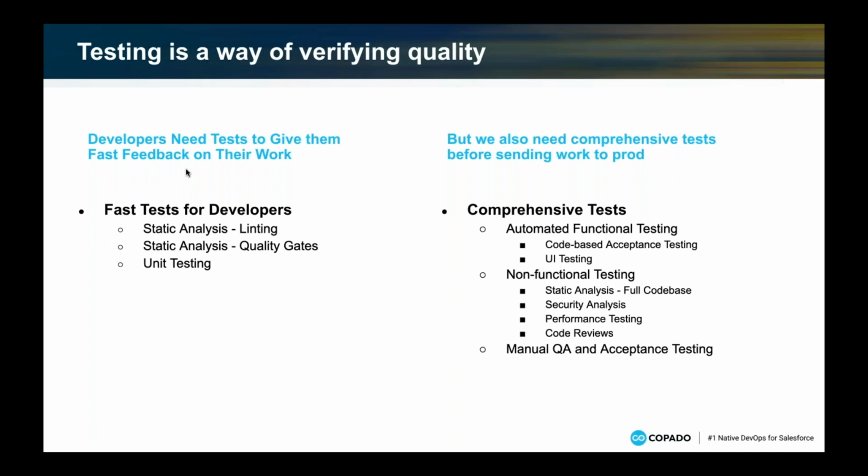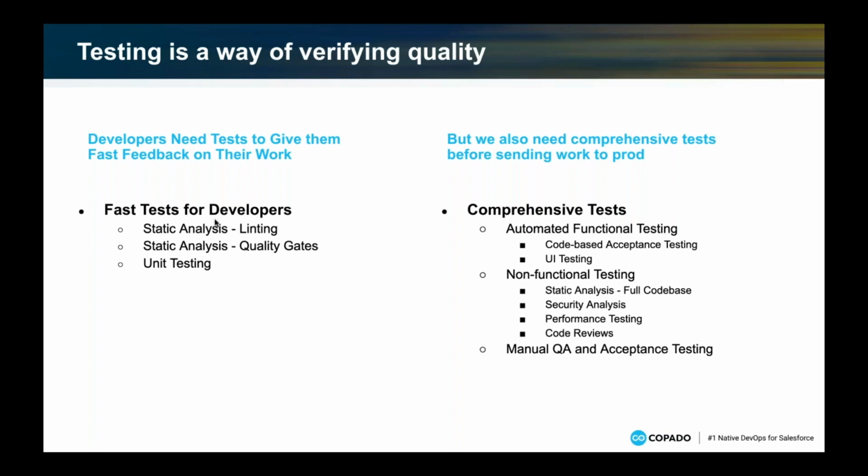There's a big section on testing in the book as well. But another way that I find very practical to think about testing is that there's some tests that are used to give fast feedback for developers. So things like built-in static analysis. If any of you are using VS Code, the new prettier extensions that auto-format your code.